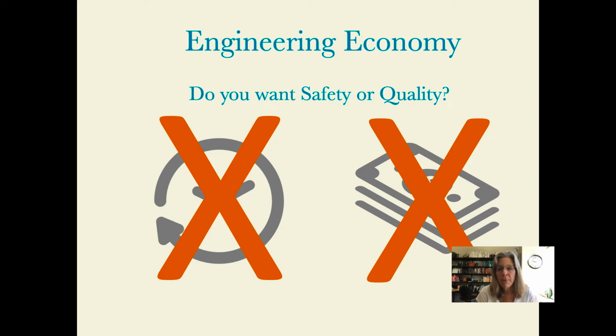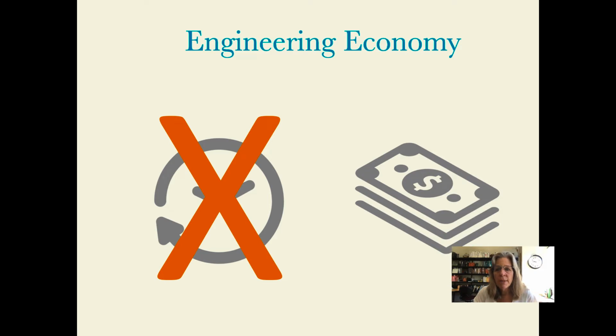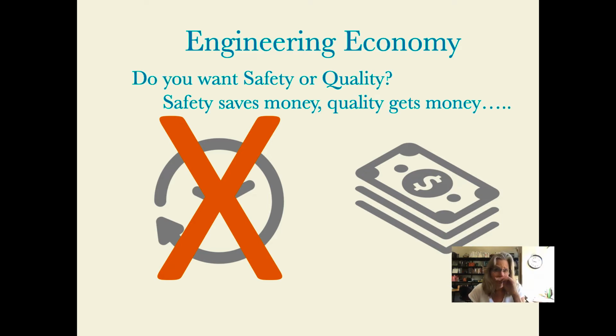Now, sometimes people convert these things to money, but if we're just making decisions about safety or quality or other kinds of non-monetary decisions, we don't use engineering economy. So, like I said, we can sometimes take safety and quality and make them into money.